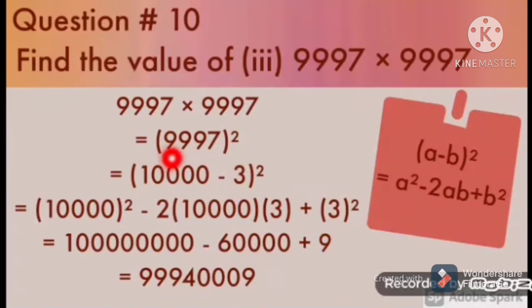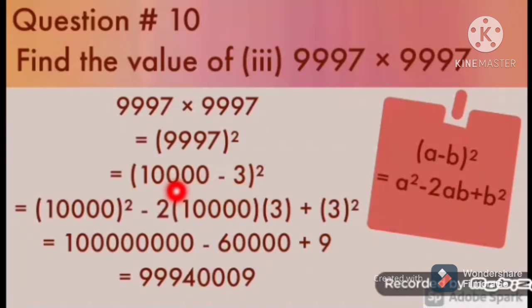Next, 9,997 can be written as the difference of two terms, as it is nearest to 10,000, so we will subtract a number from 10,000. 10,000 minus 3 will be equal to 9,997. So we have written 9,997 as the difference of two terms, 10,000 minus 3.